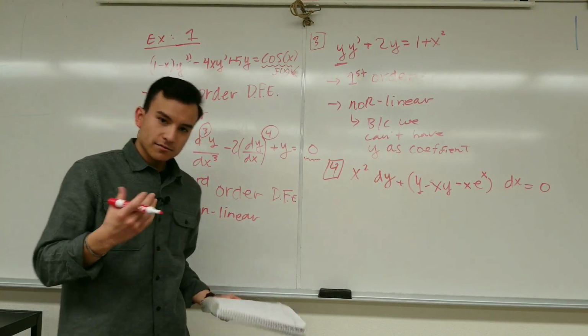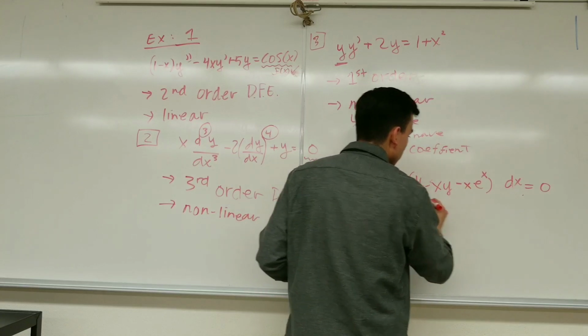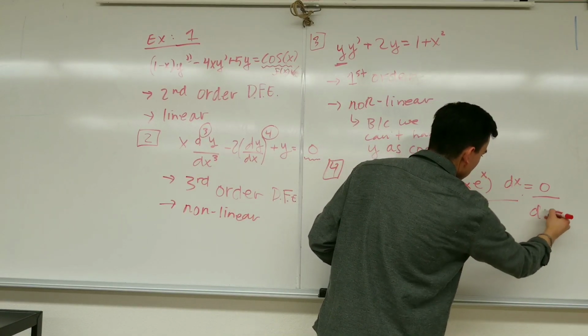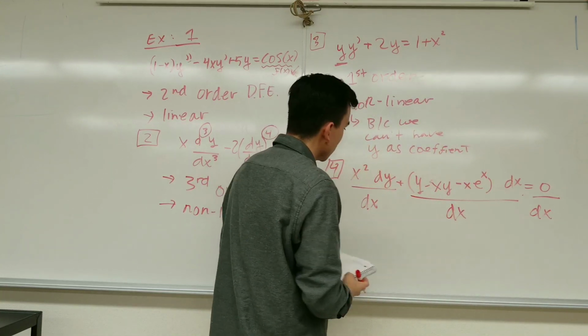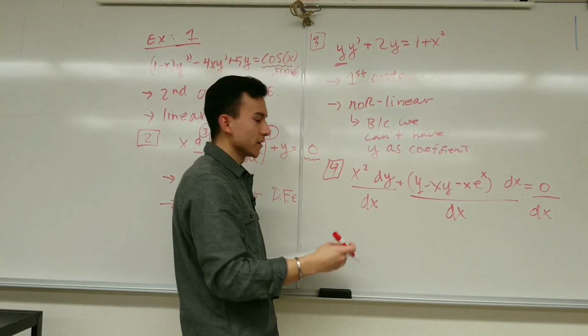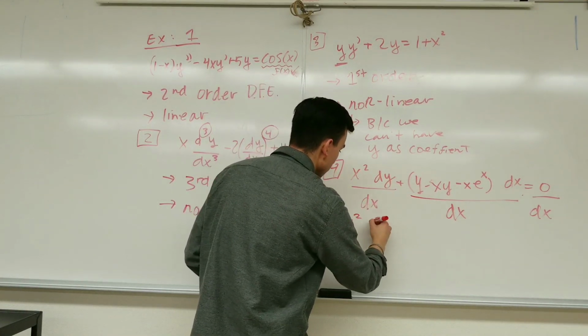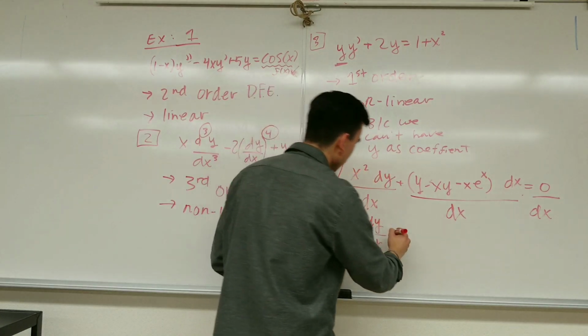However, because I spoiled it, you could see that you can divide every term by dx. I'll humor you by dividing dx into that 0, which is really what you're doing, but we all know what it is. Now you have x squared dy dx. There's our derivative.